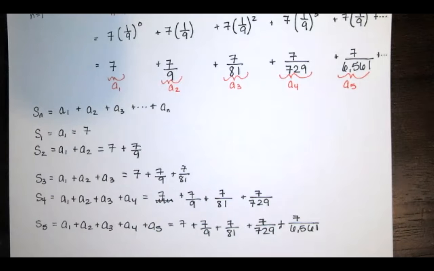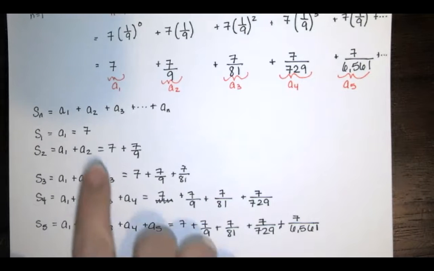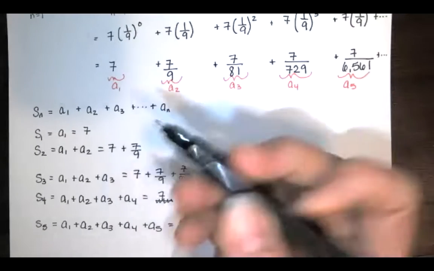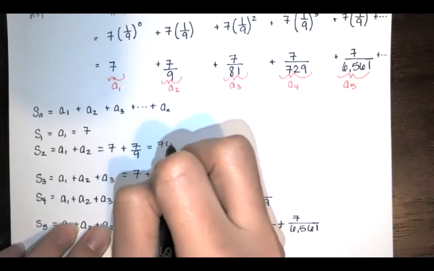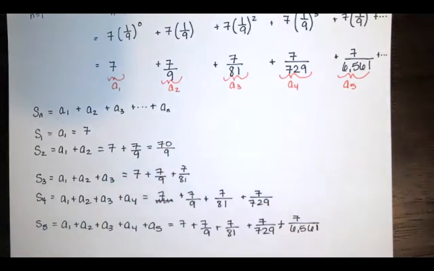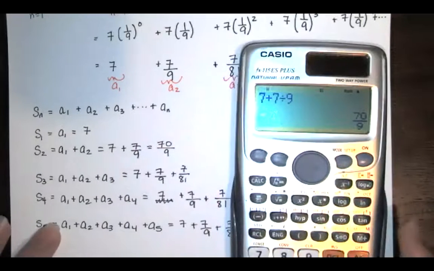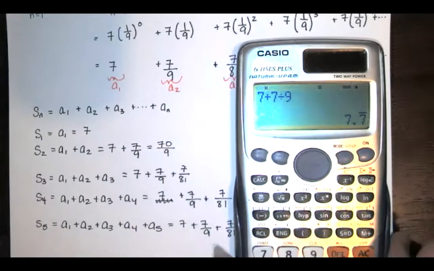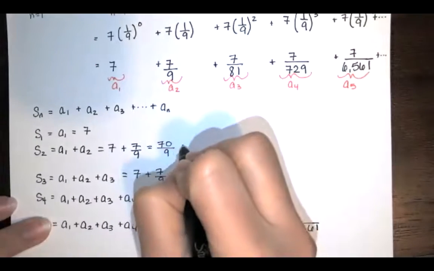So our first partial sum is just 7. And then if we add the first 2 terms, we have 7 plus 7/9. Using my calculator for that, that's 70 divided by 9. And the decimal approximation of that is 7.7 repeating.